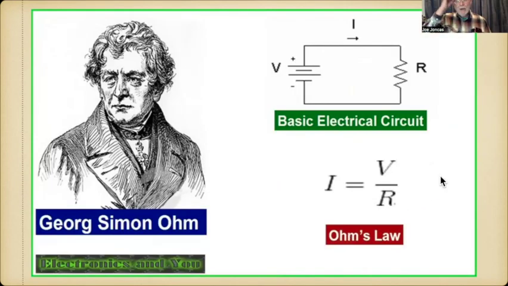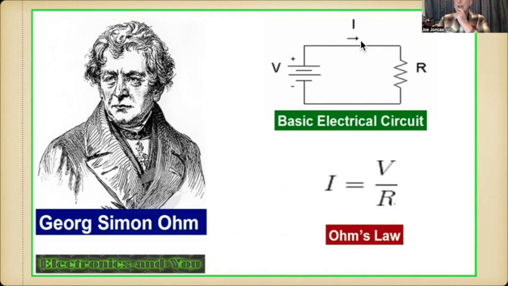Now we're going to talk about Ohm's law. George Ohm came up with this quite a long time ago. Here's a circuit that we're familiar with, a battery. Now notice the I here and notice the way the arrow is pointed.